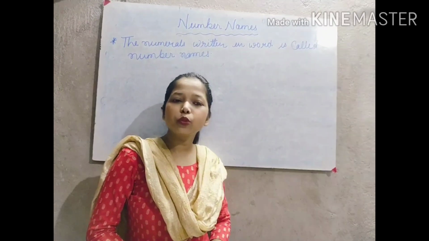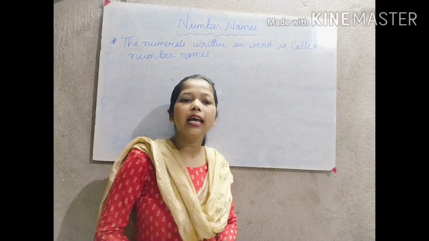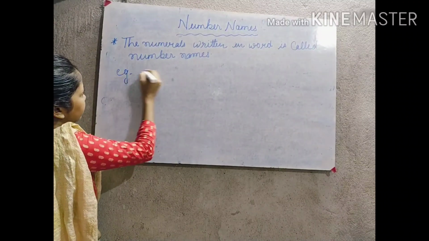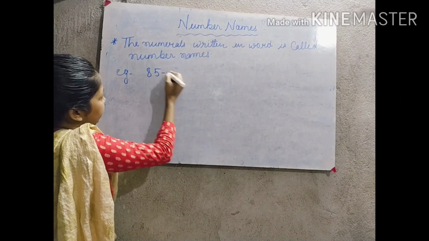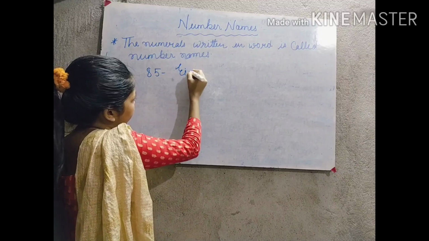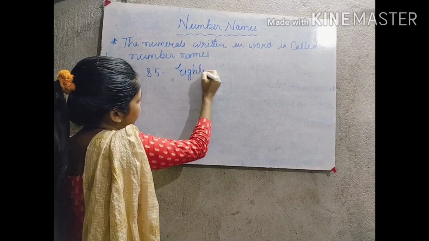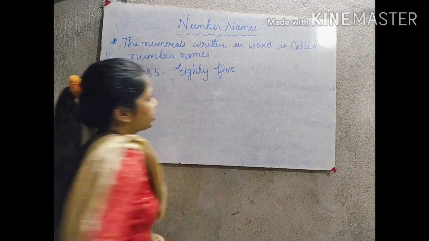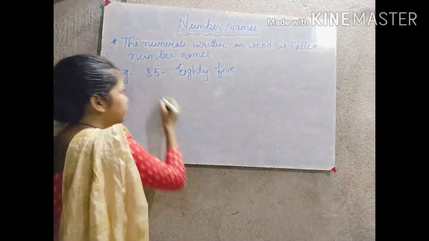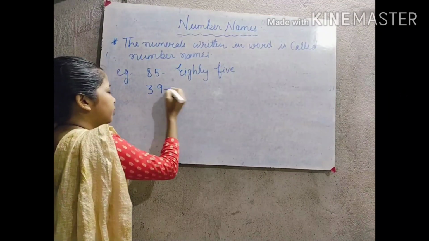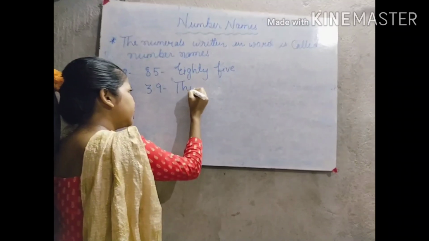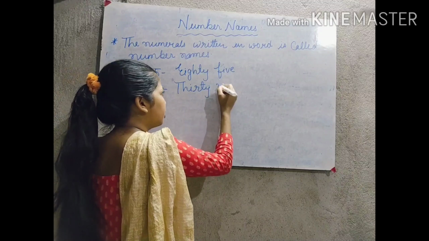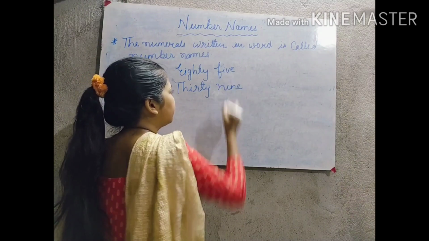Children, let's see some 2-digit number names. Let us recall. See the first number, example 85. It will be spelled as EIGHTY FIVE. Second one, 39. It will be spelled as THIRTY NINE.